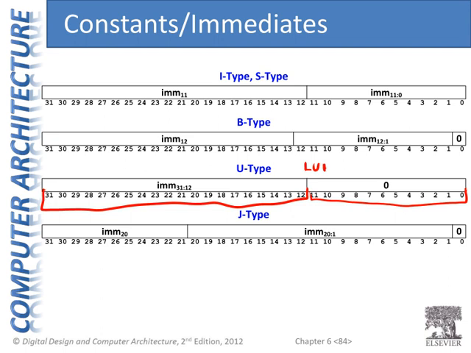For a J-type instruction, well, actually it's a 21-bit immediate, but it's encoded in 20 bits because we can put that 0 on the end. Basically multiply it by 2. And then we sign extend it. We take immediate bit 20 and put that into the upper bits.